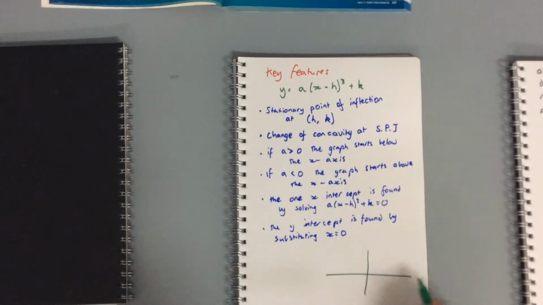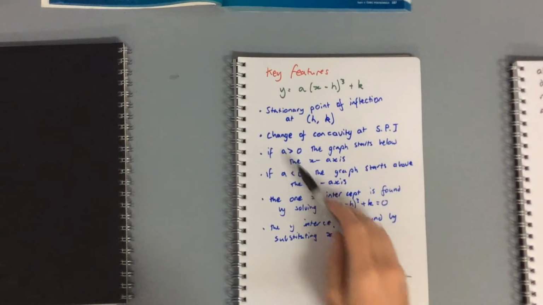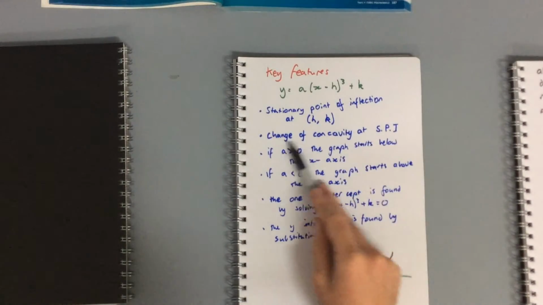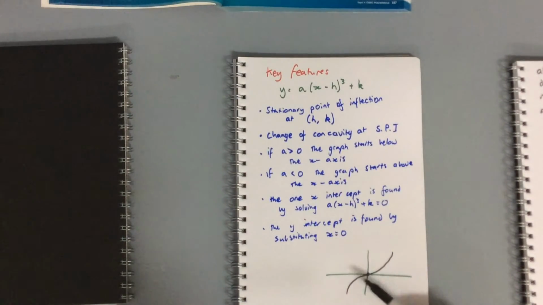That stationary point of inflection is where it changes from concave down to concave up, or the other way around. Change of concavity at the stationary point of inflection. I've just put SPI, stationary point of inflection, is where the change of concavity is. We're going down and we're going to go up.